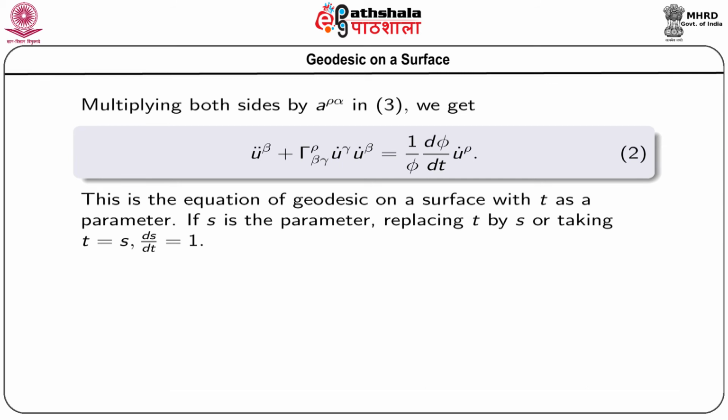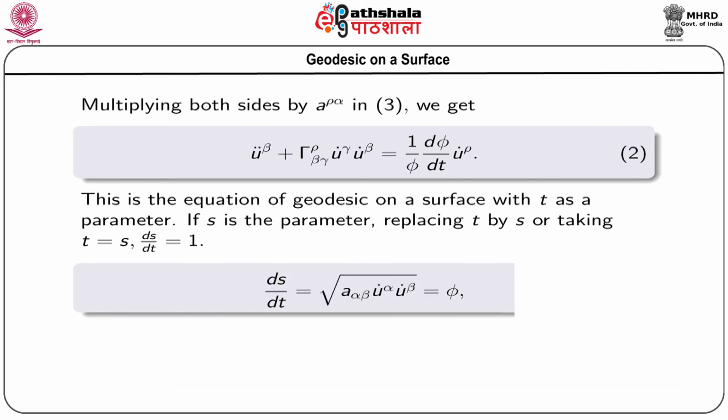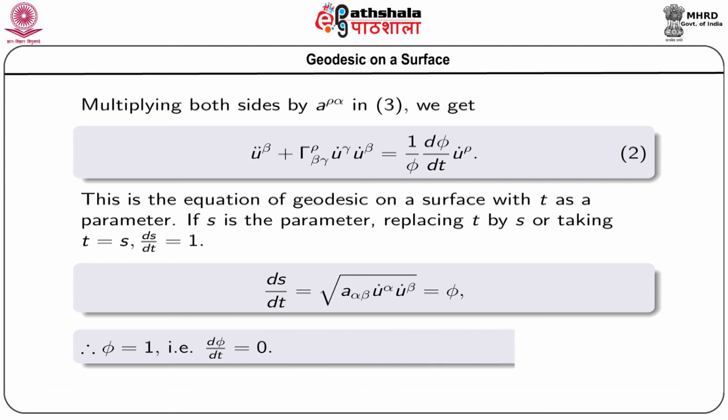Equation number 4 is the equation of geodesic when the parameter is t, but if s is the parameter, replacing t by s, that means ds/dt equals 1, and also ds/dt is root over A_αβ u˙^α u˙^β, which is φ, so φ equals 1, that means dφ/dt equals 0.